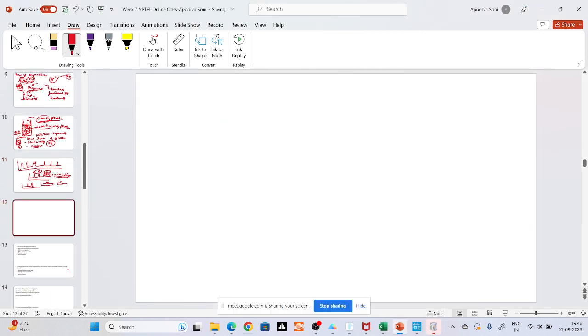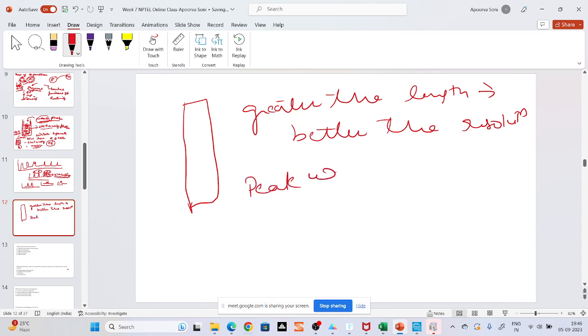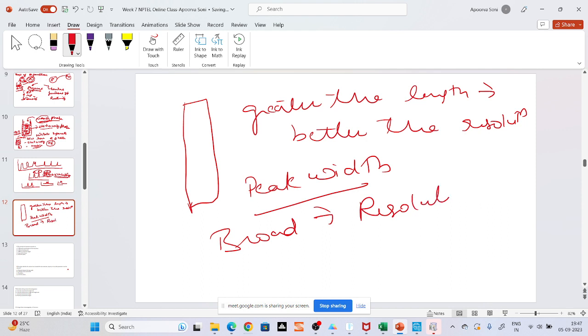If the column has a greater length, the resolution is better. And if the peak width is broad, then your resolution is poor.